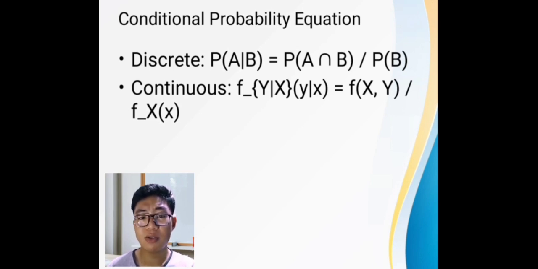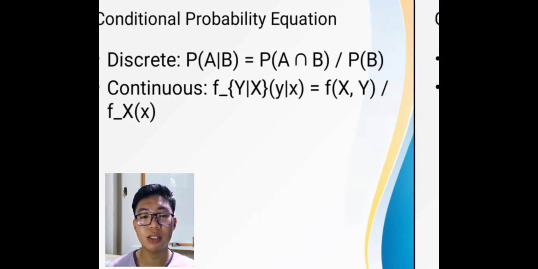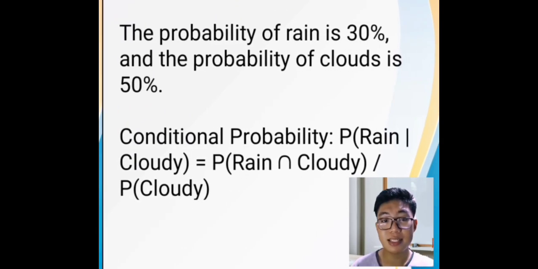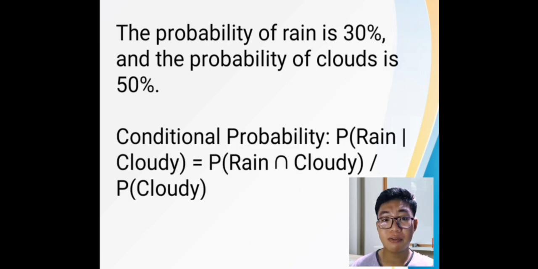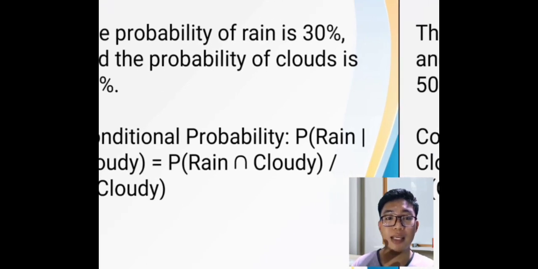The formula can also be expressed for continuous variables using joint and marginal probability density functions. An example is, suppose that the probability of rain today is 30% and the probability of it being cloudy is 50%. So using the probability, we can calculate the likelihood of rain given that it is cloudy today.